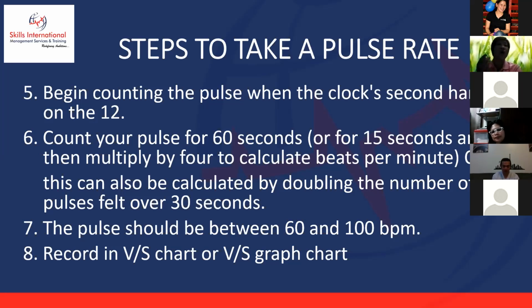Okay? So that means it is the same as counting in 1 minute, but you counted only in 15 seconds. If you are counting in 30 seconds, like 10 in 30 seconds, how much will it be in total? It will be 20, right?